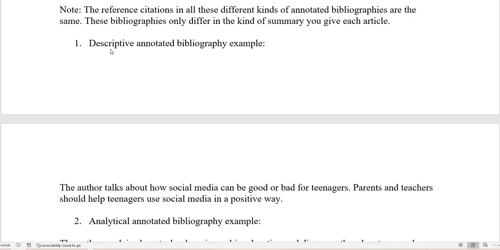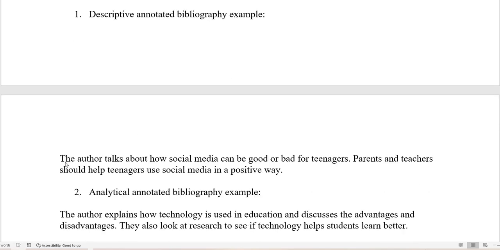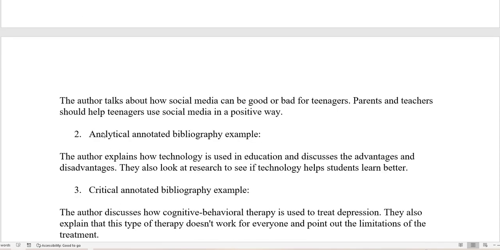The descriptive annotated bibliography example: The author talks about how social media can be good or bad for teenagers. Parents and teachers should help teenagers use social media in a positive way. An analytical one, which is similar to a critical one, it's the same thing as evaluative, means that you have your opinion, you put your 2 cents in there.